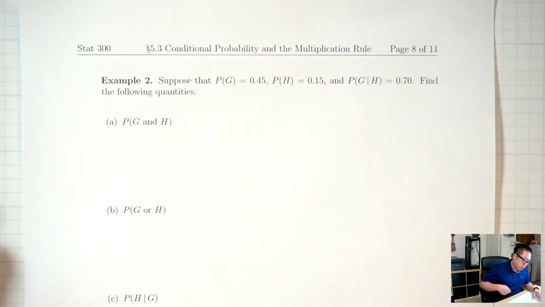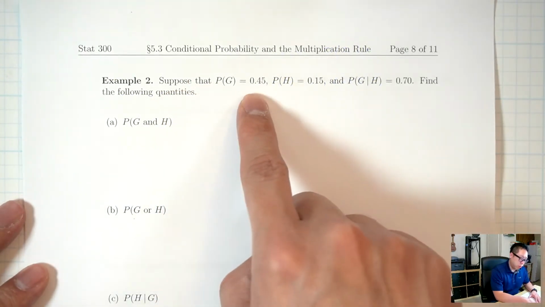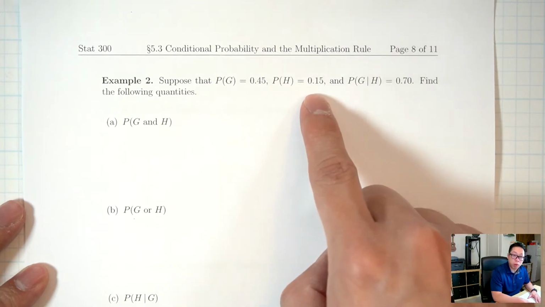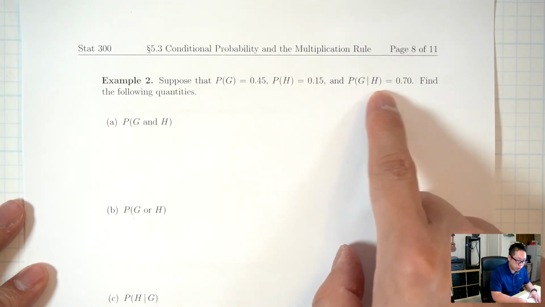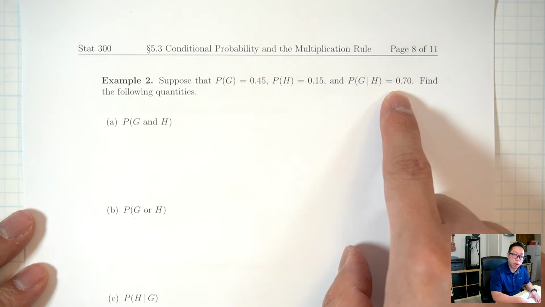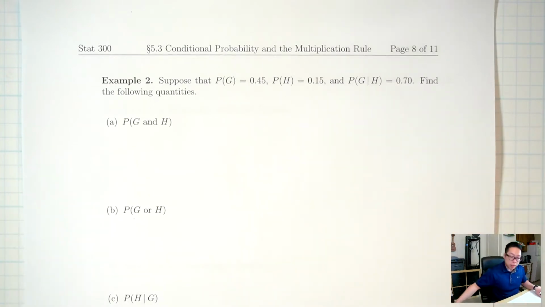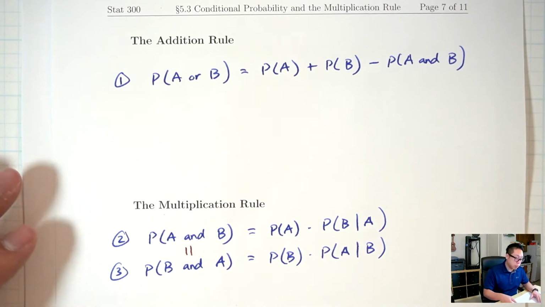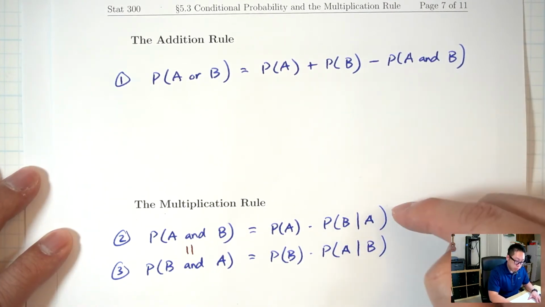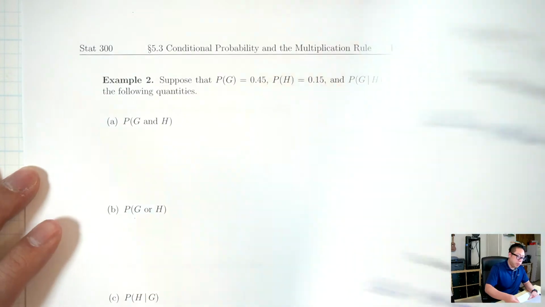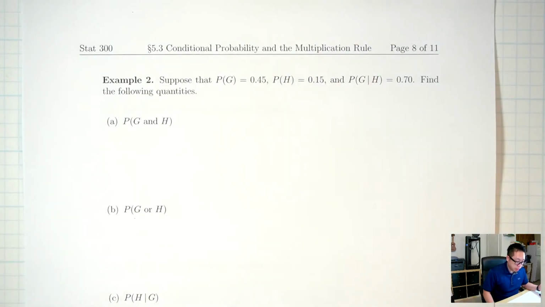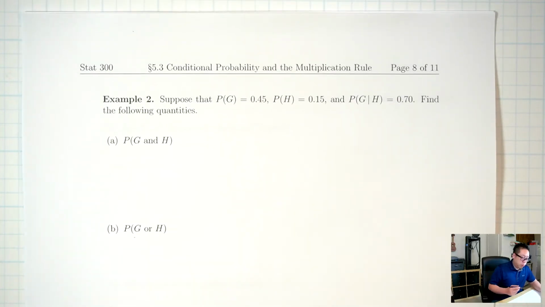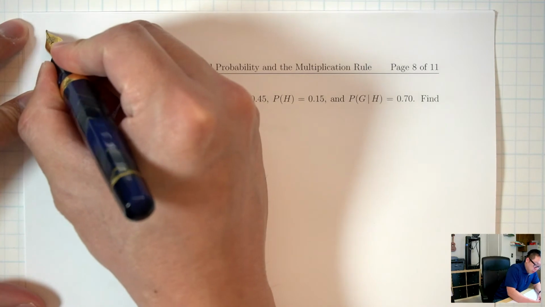Example 2. Suppose that the probability of G is 0.45, the probability of H is 0.15, and the probability of G given H is 0.70. Find the following quantities. I don't have a table, so I have to rely on those formulas on the previous page. These formulas are written with A's and B's, but this problem is asking about G and H, so I'm going to rewrite the formulas using G and H. The first one is the addition rule.